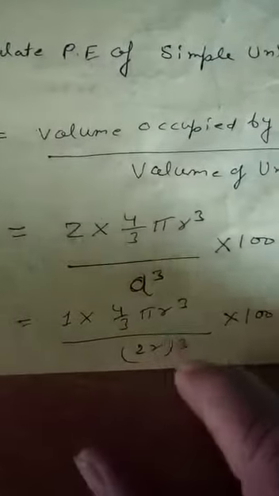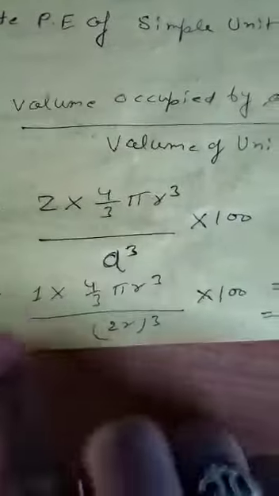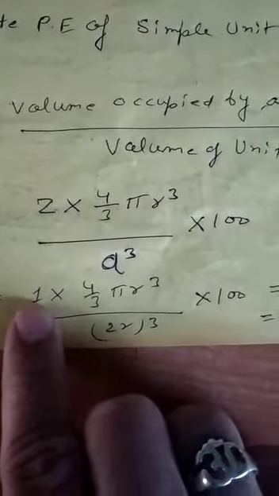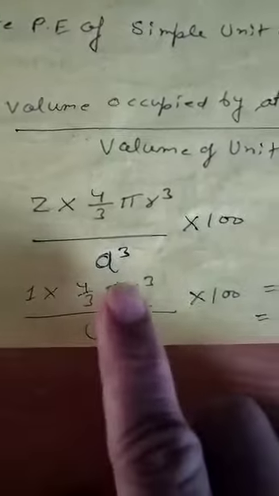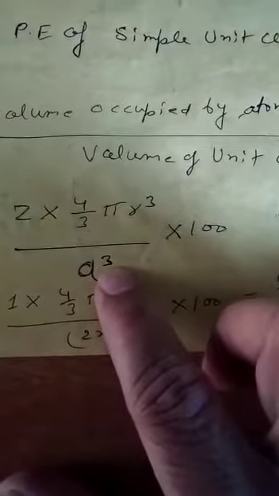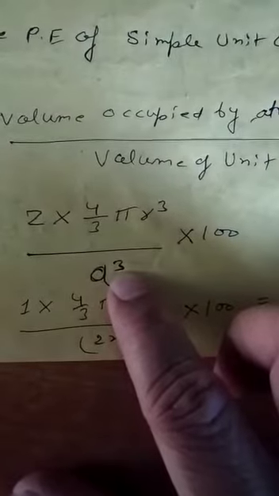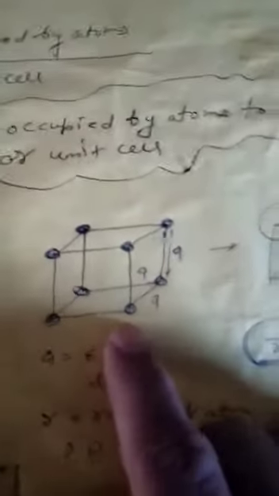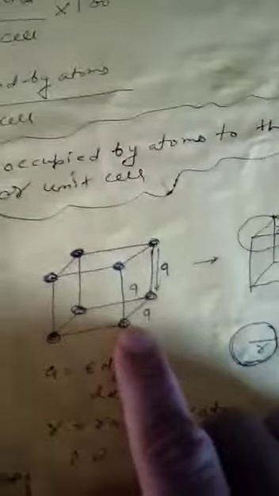So we will keep the values in this formula. Z is equal to 1 particle per unit cell for the simple cubic unit cell. And second thing, I have written here a cube, so we have to find out the relation between a and r. It is very simple. Suppose you have the unit cell that is simple cubic.